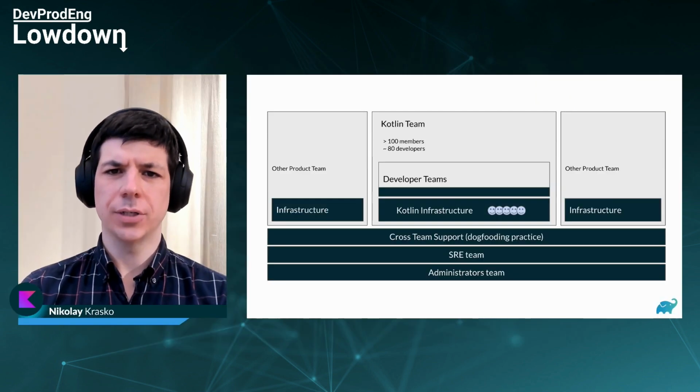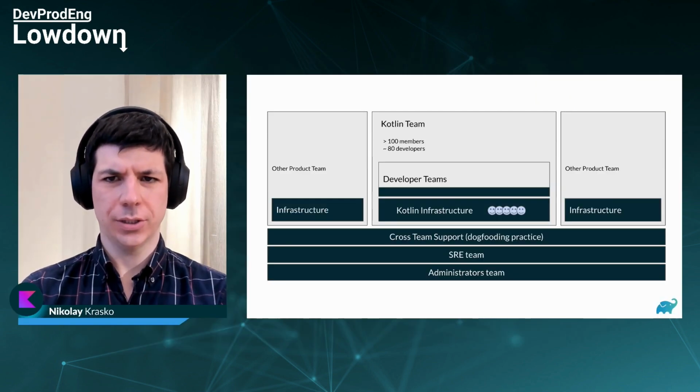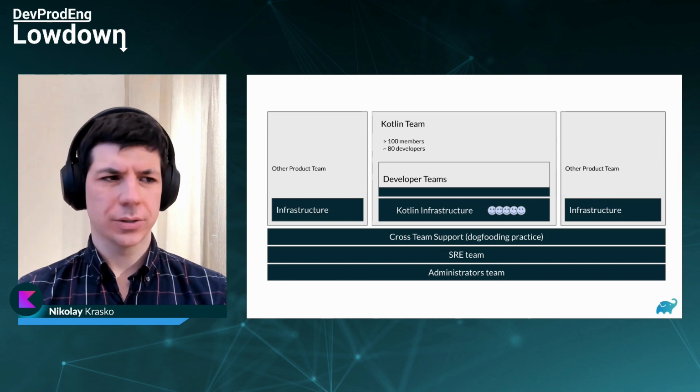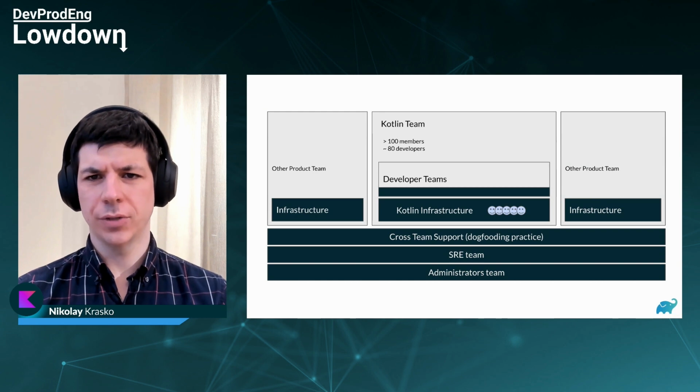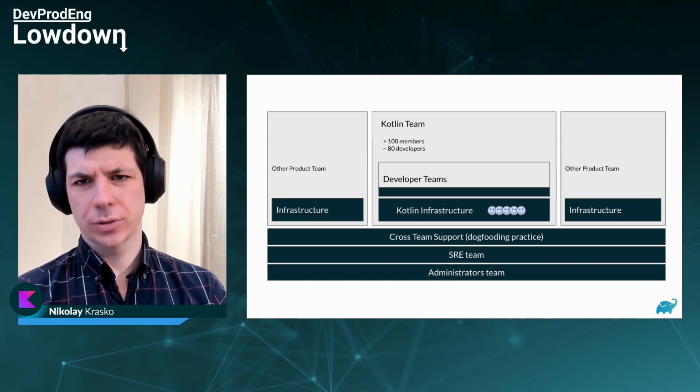Yeah, okay. As I've said, we are not a dedicated developer productivity team. We are Kotlin infrastructure, and recently we took over the build and our CI, because this is a thing that affects developer productivity most.